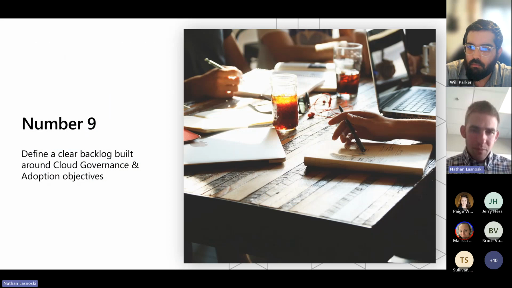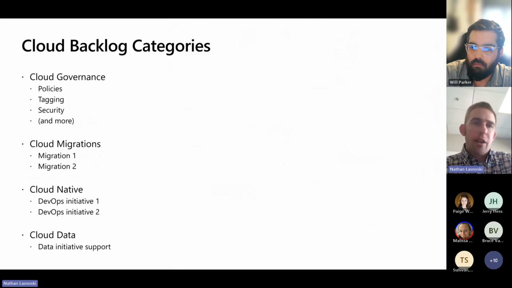Okay, number 9. This really goes to how you organize your team associated with doing cloud well, and building out a cloud governance backlog. Most effective teams have a center of excellence team or a set of architects that focus on optimizing their Azure environment and governing and enabling it in a necessary balance.